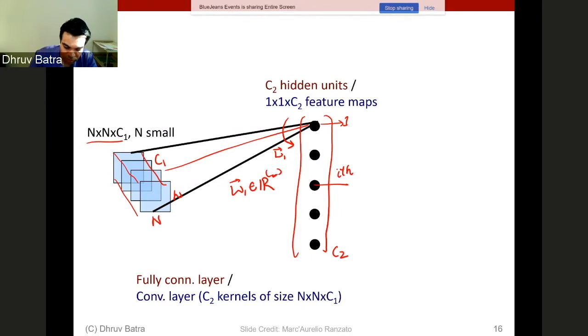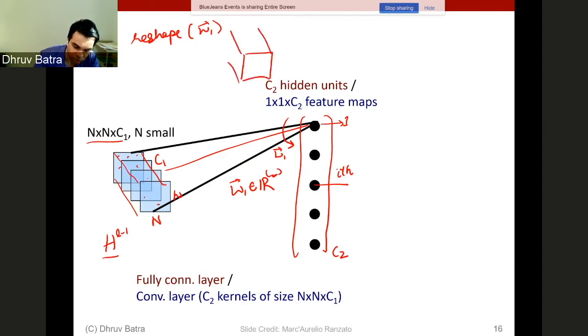The number of entries in W1 is n square C1 because there's that many edges that go out to every single pixel here in this tensor. And so what we can do is, instead of reshaping HL minus 1, we will reshape W1 to be the same size as the input. So I can reshape this into n by n by C1, and that's this entry right here.